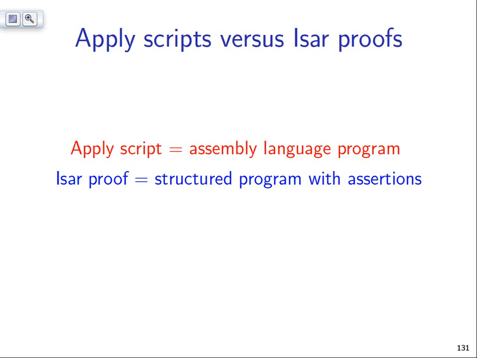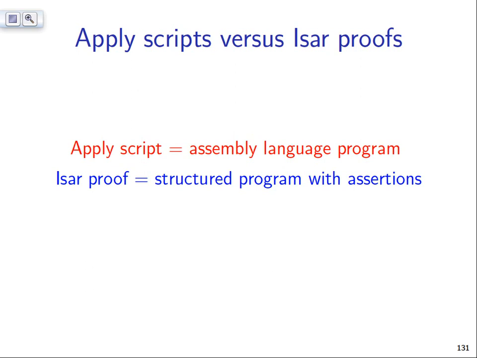And so what we'll move on to now is something called Isar, which stands for Intelligible Semi-Automated Reasoning. And you can think of them as structured programs with assertions. Of course, structured programs with nested blocks and so on are nice already, but they can be unreadable too because they don't tell you, if you're at a certain point, what the values of the variables are, what the invariants are, whatever.